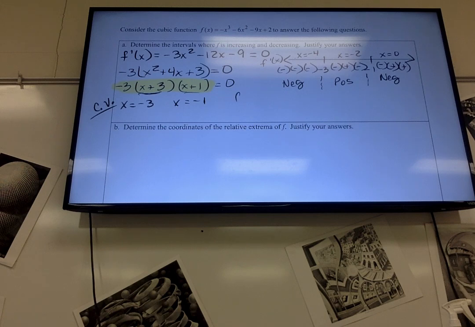So, f of x is decreasing from -infinity to -3 and from -1 to infinity. And f of x is increasing from -3 to -1.